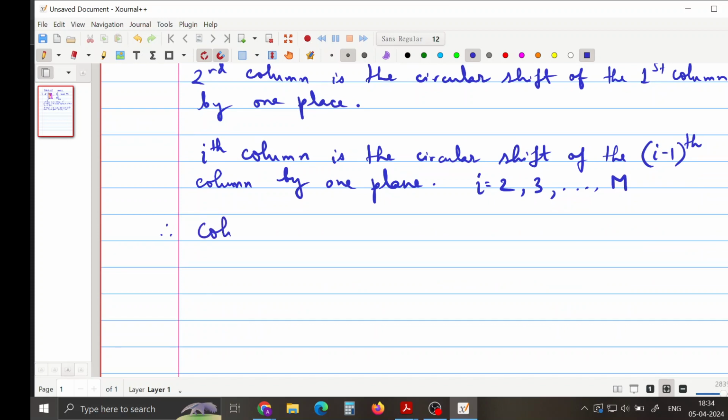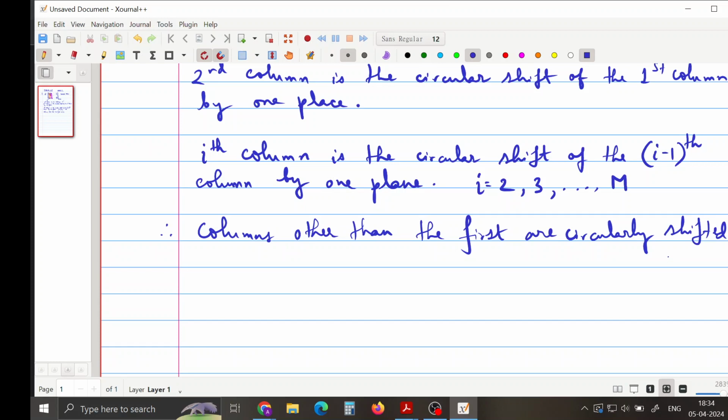Therefore columns other than the first are circularly shifted. So this is also true. This was option B.